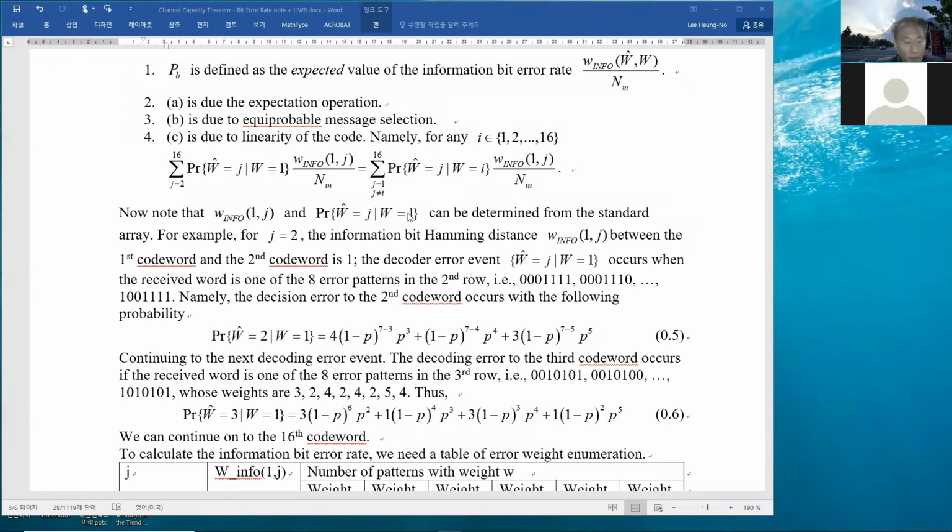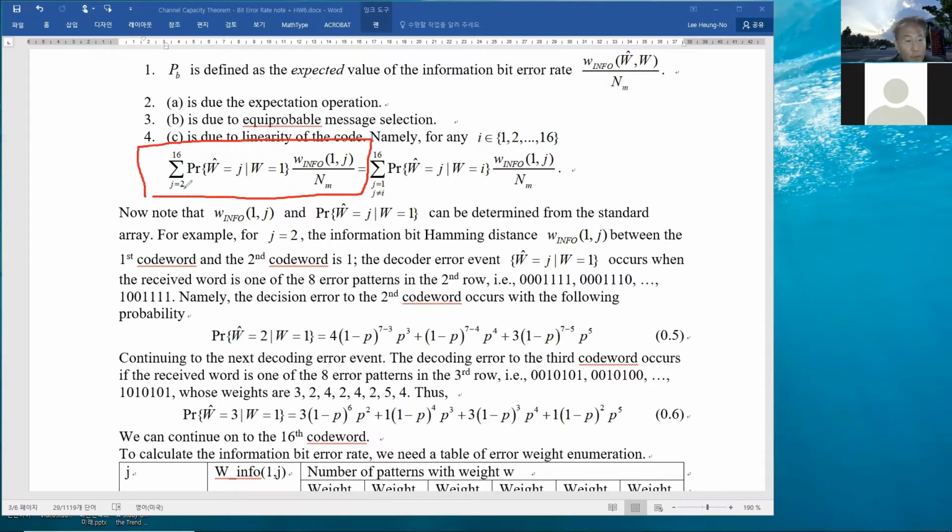Okay, I will continue. So all you have to do is to calculate this probability that we have right here. This is what we need to do.